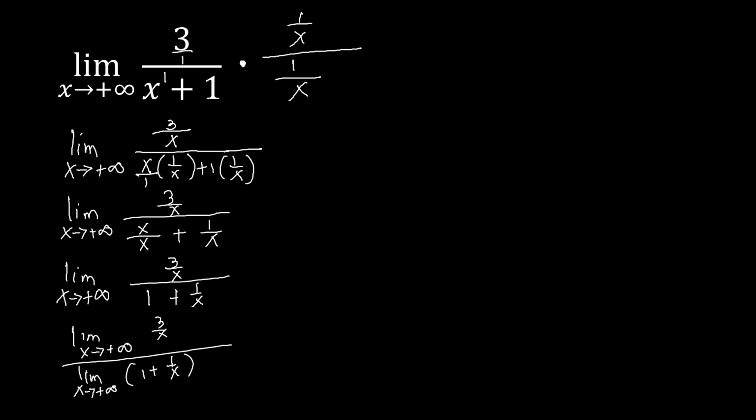Based on that, we can now use our theorem wherein we can have our 3 out, and then we have the limit of 1 over x. Because 3 is the common multiple, we can take it out from the limit expression. And then we still have 1 over x in there. And then that will be over the limit.